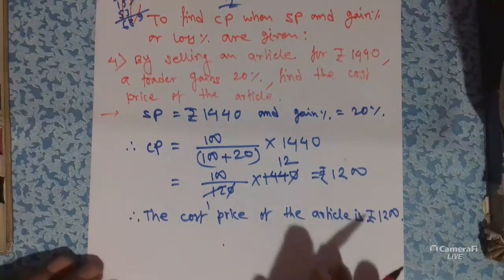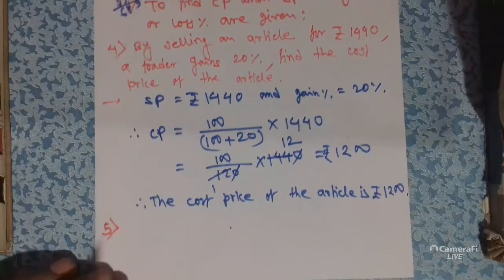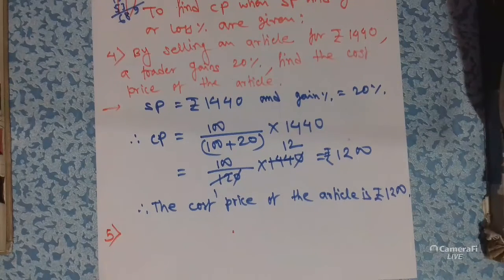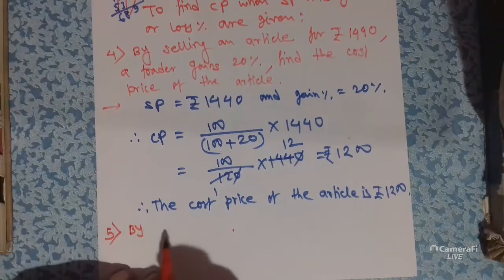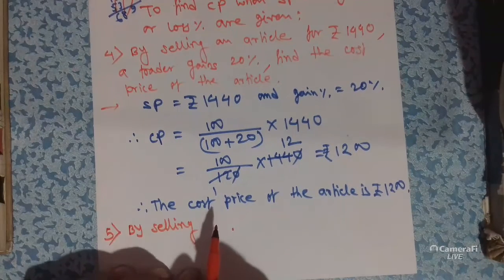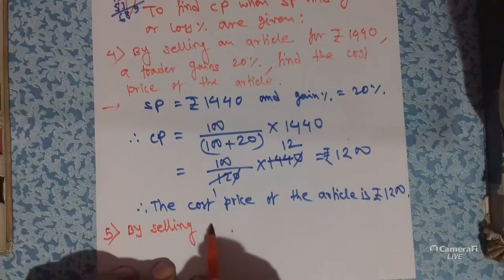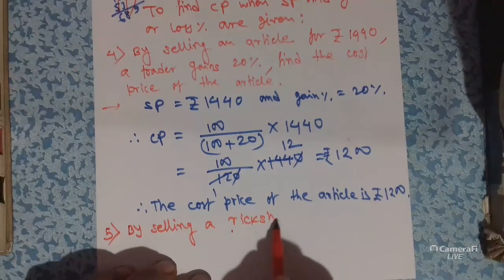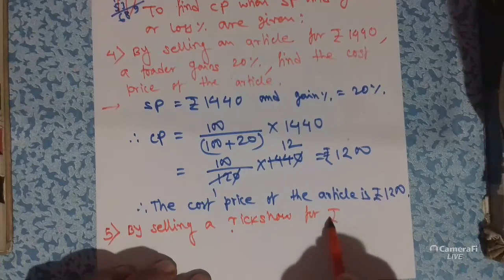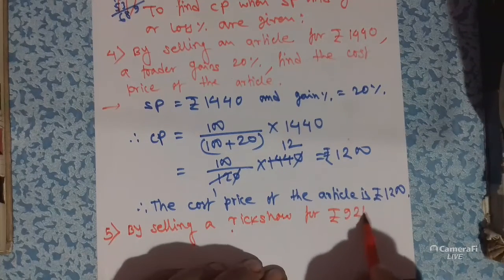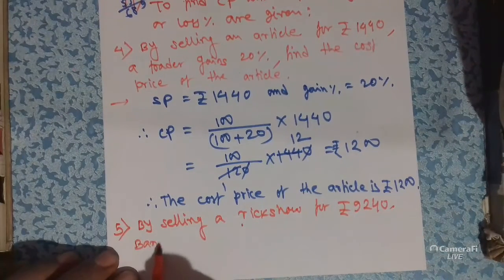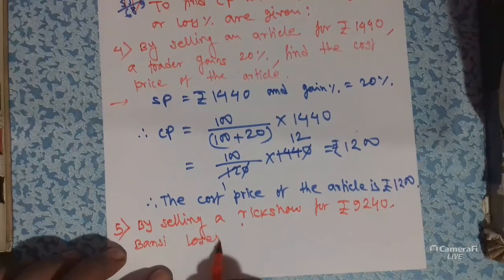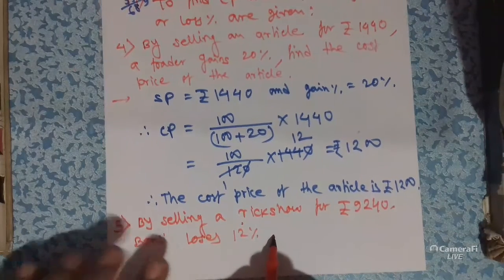Now I am going to show you another one. The next problem is, by selling a rickshaw for rupees 9240, Bansi loses 12%.